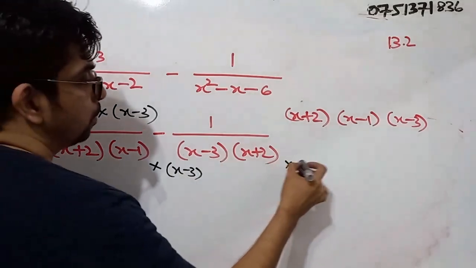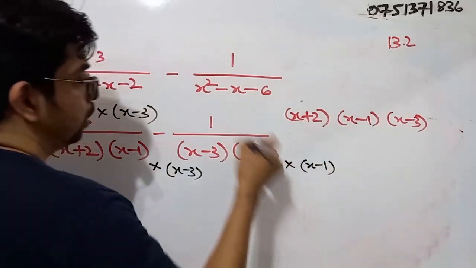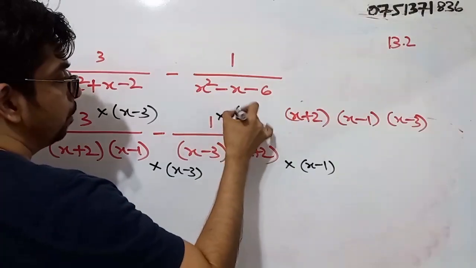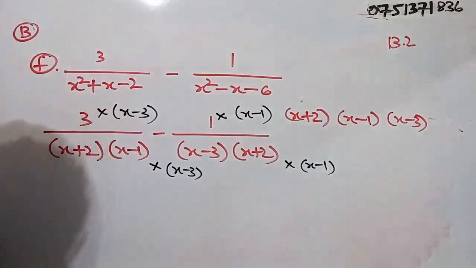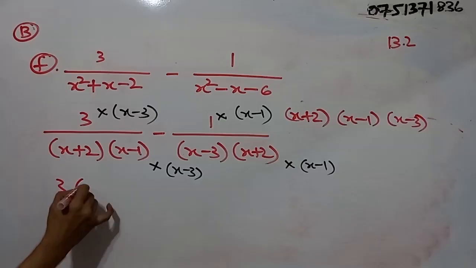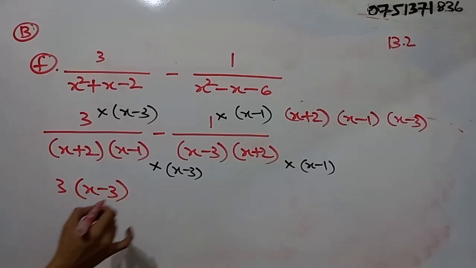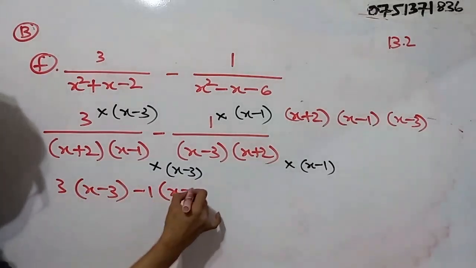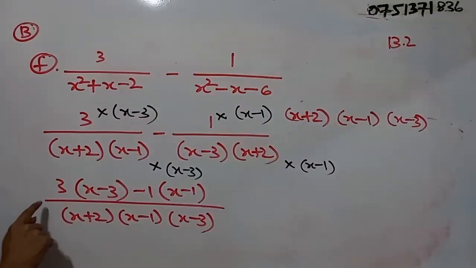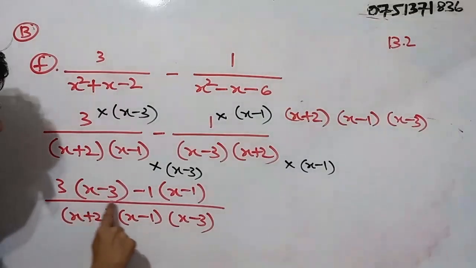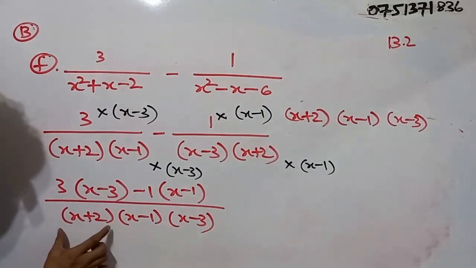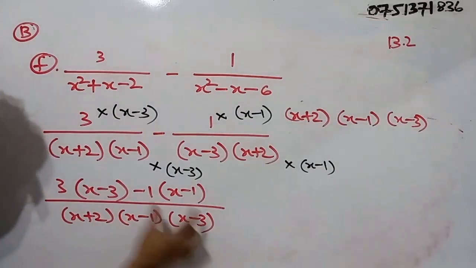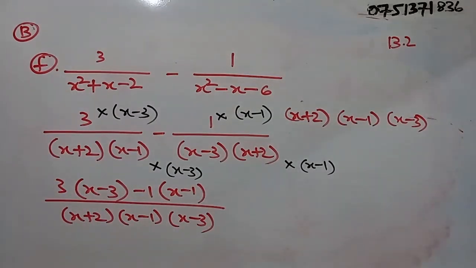That means we need to multiply this by x minus 1. So we need to multiply the numerator by x minus 1 as well. Okay. So 3 into x minus 3, minus 1 into x minus 1. So then we have to divide this entire expression by x plus 2, x minus 1 and x minus 3. Right. So it should be the common denominator. Right. We will continue from here.